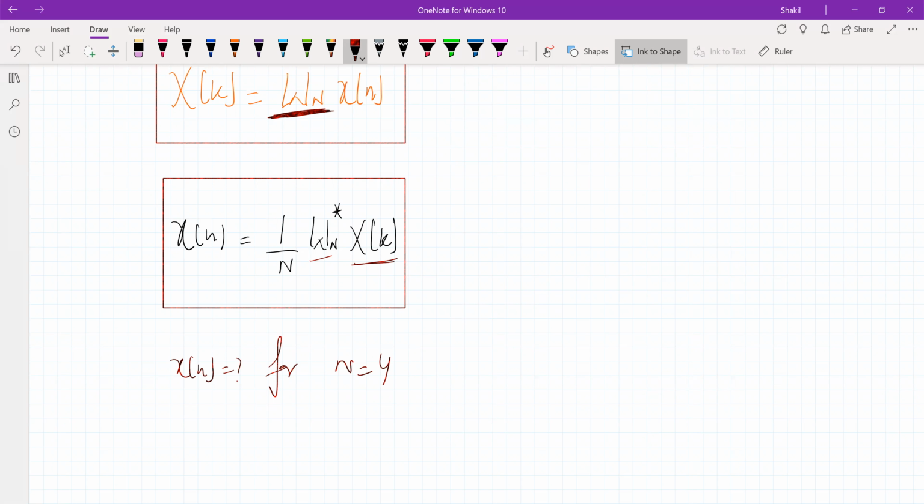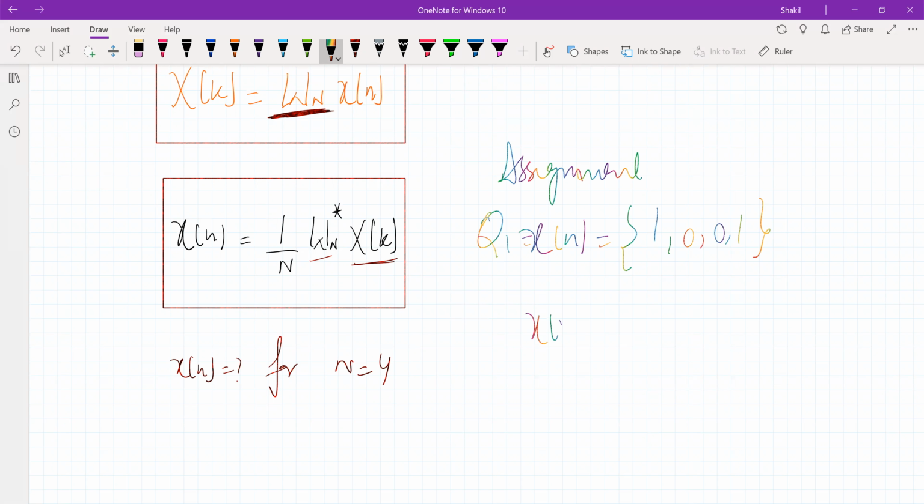First, let me give you one assignment. Let's suppose x of n is 1, 0, 0, and 1. The second assignment is 2, minus 1, 2.